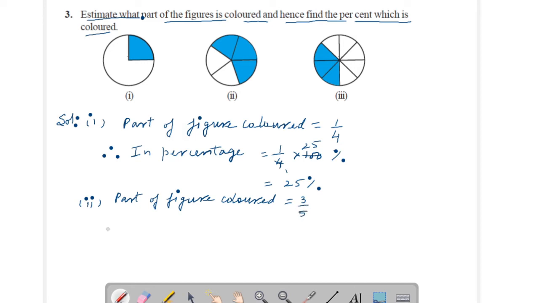Therefore, in percentage, it is 3 upon 5 into 100%. You simplify it. 5 1 and 5 20, 100. Multiply it. 20 into 3, 60%.